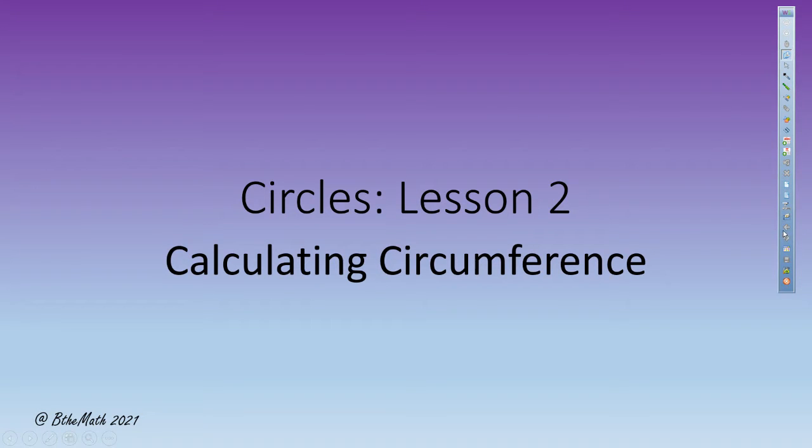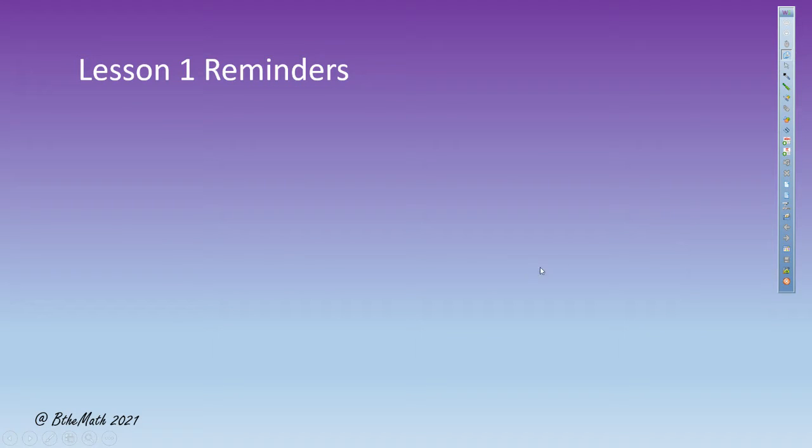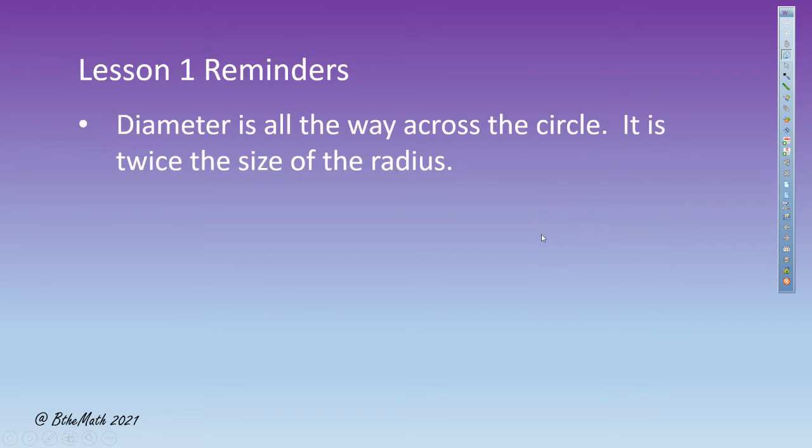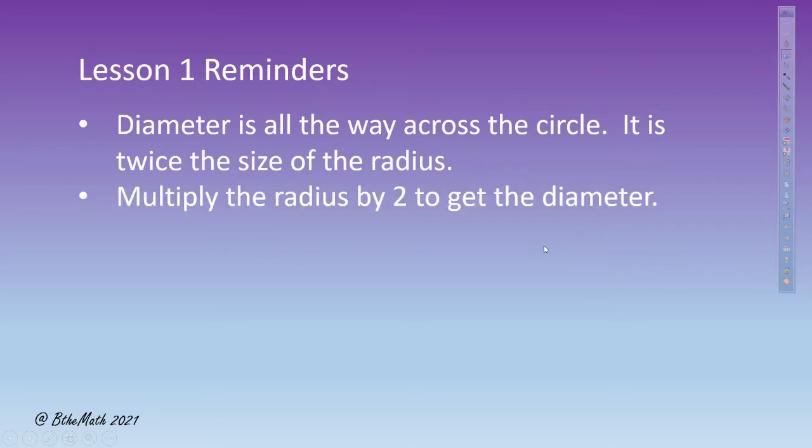Remember some previous reminders from Lesson 1. The diameter is the line segment that is all the way across the circle through the center, and it's twice the size of the radius. You take the radius and multiply it by 2 to get the diameter.